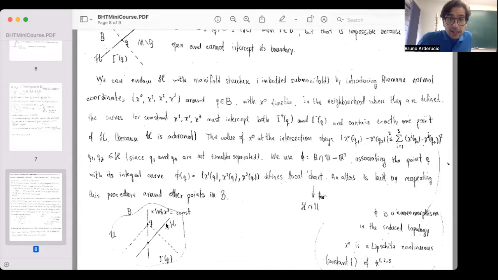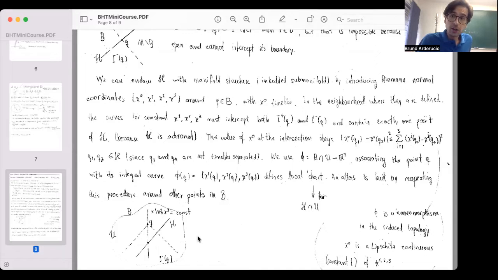So you imagine that x0 is time-like. So the curves that have all the spatial coordinates constant must go to the chronological past and chronological future of Q, and they must also intercept the horizon exactly once, because the horizon is achronal.